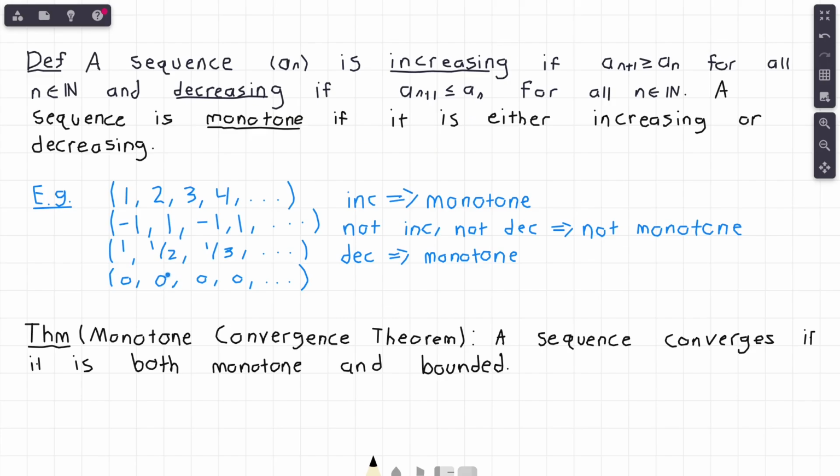So if each successive term is the same size or greater than the previous term, then it is increasing. So since each successive term is the same size as the previous term, this sequence is increasing. And by similar reasoning, it is also decreasing. So therefore, it is monotone.